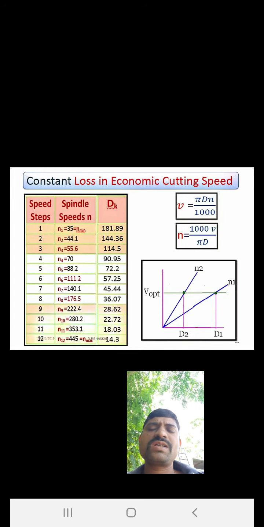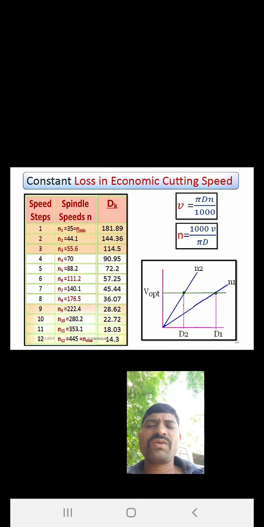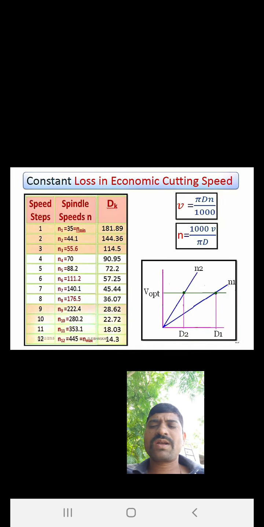If the spindle speed is 35, then the diameter range is 181.89, N2 is equal to 44.1, then the diameter range is 144.36. Similarly, up to N12 you will get the different spindle speed for the different diameter range, okay.